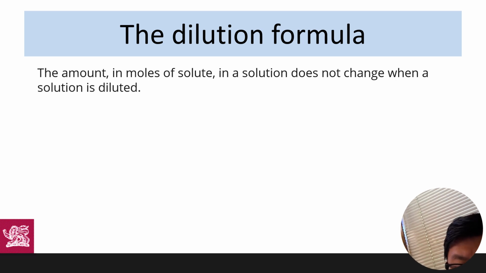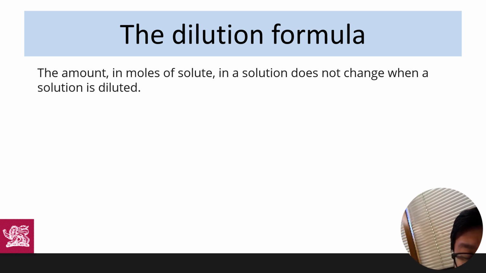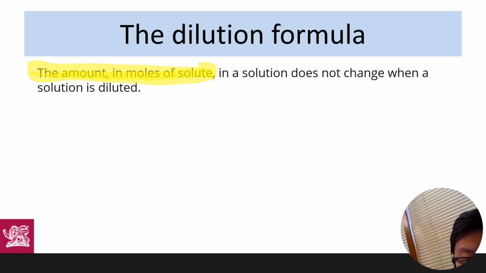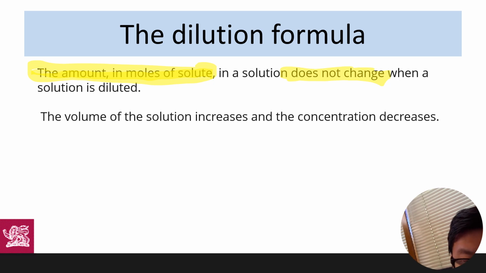So like I've been saying, when you do a dilution, the quantity, not the concentration, but the quantity of the solute does not change, okay, as indicated from the previous slide.